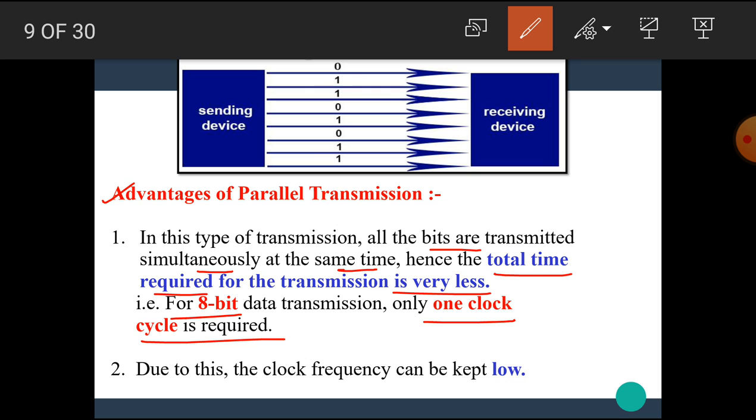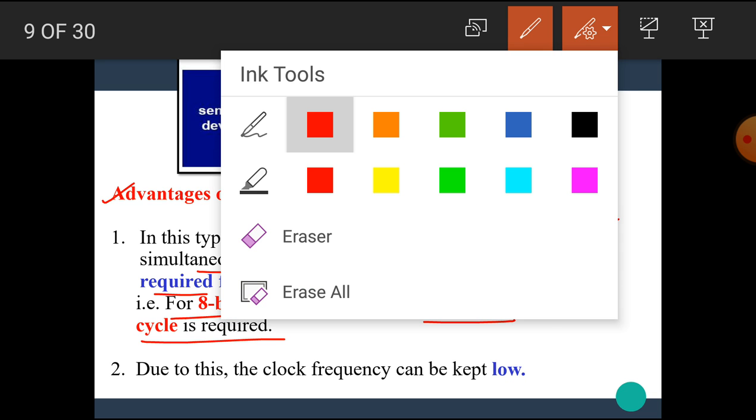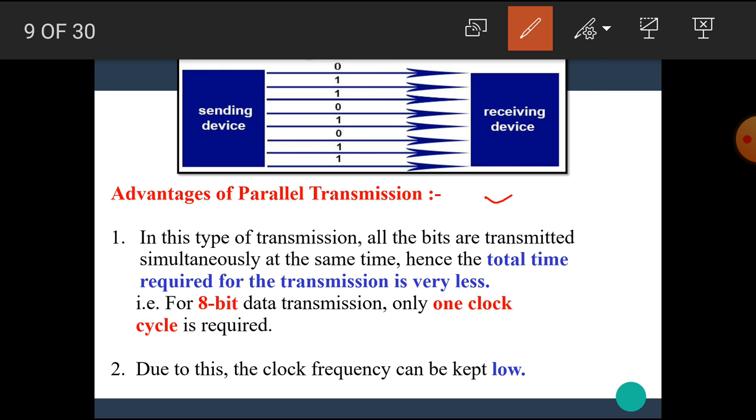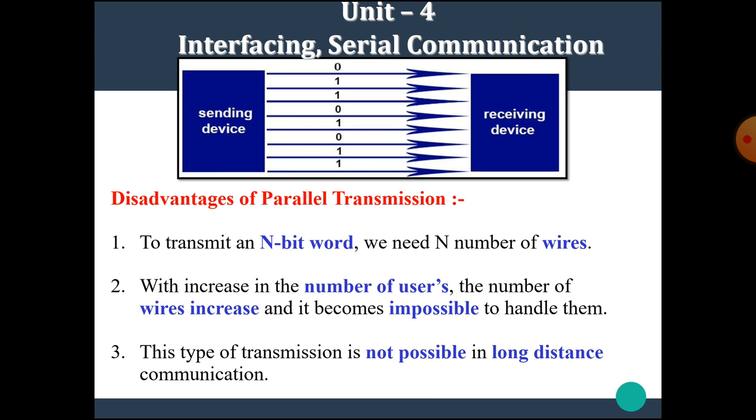That means the sending device has the 8-bit data, and it transmits this overall data towards the receiver in only one clock cycle, because for each bit a single line is used. Hence, the data transmission is very fast in parallel data transmission. Due to this, the clock frequency can be kept low.